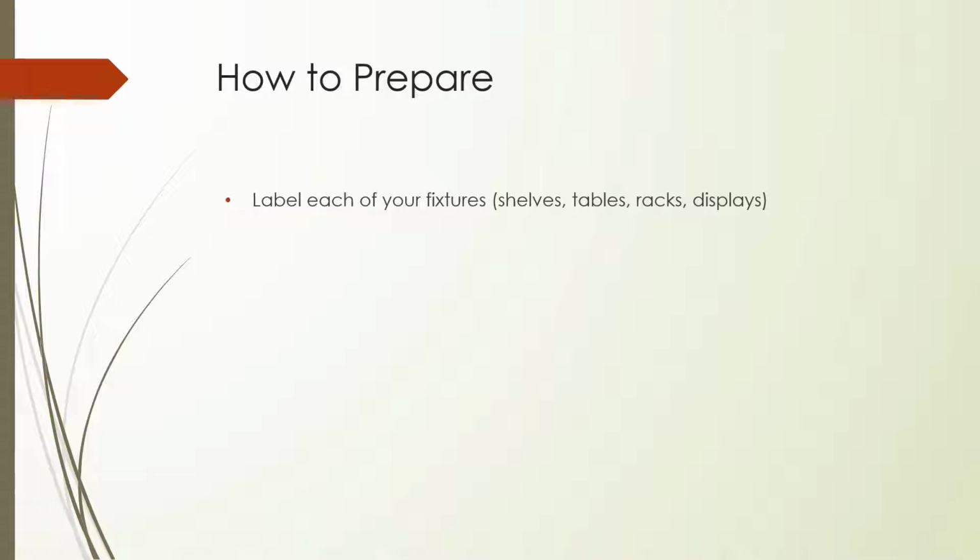Label names should be short, easy to identify, and only consist of letters and numbers. For example, your first fiction book fixture might be called Fict 1, and a bookmark display might be called Mark 1.